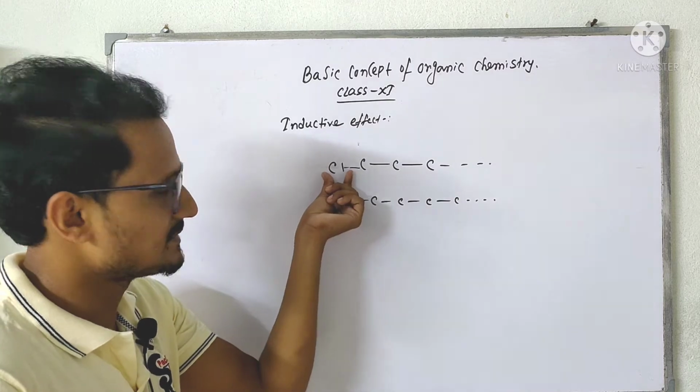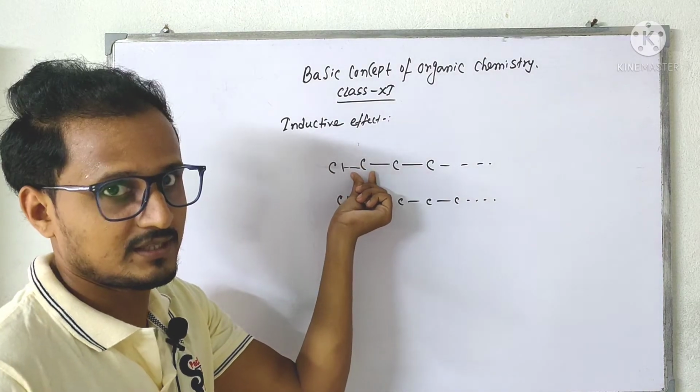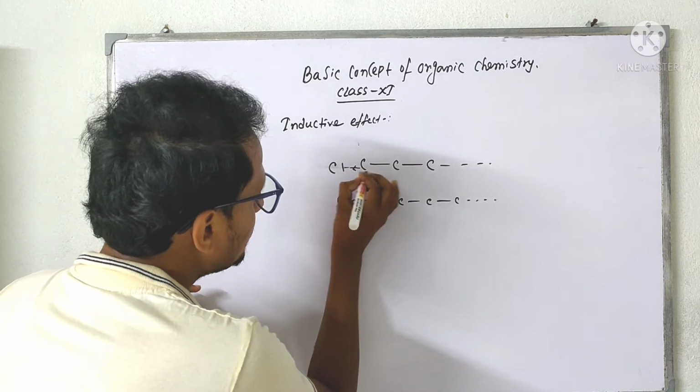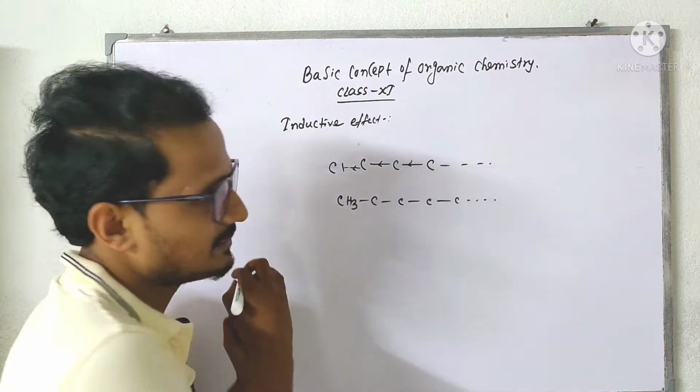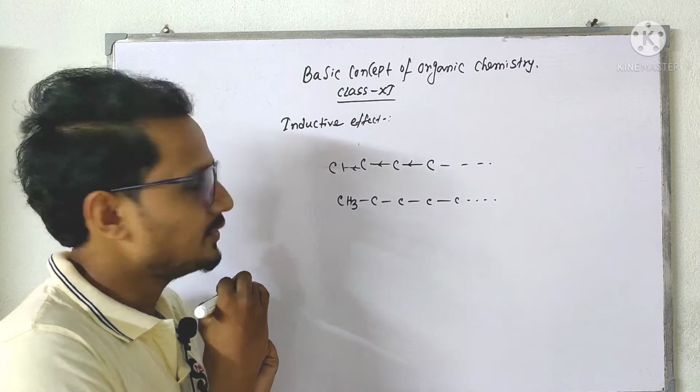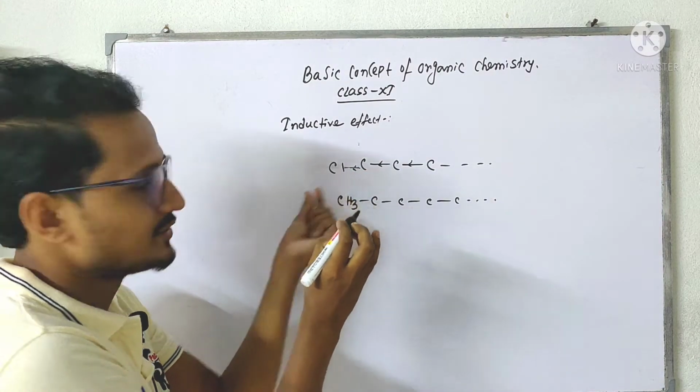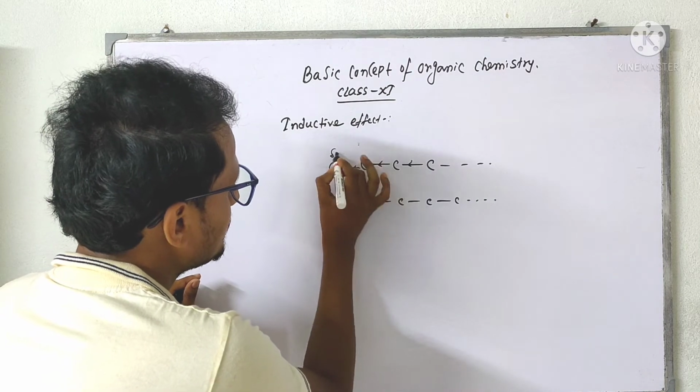Now chlorine is more electronegative than carbon, so it will pull the bonded pair of electrons towards itself more. It will pull the C-Cl bond towards itself more, so it will be delta minus, and the carbon delta plus.